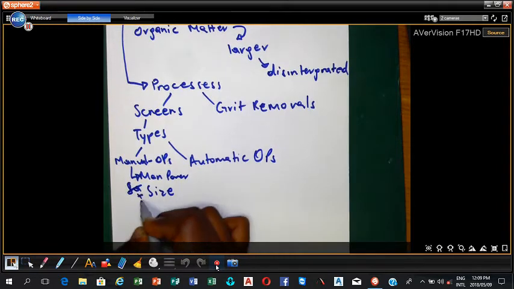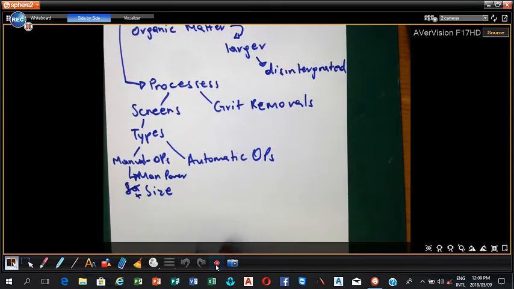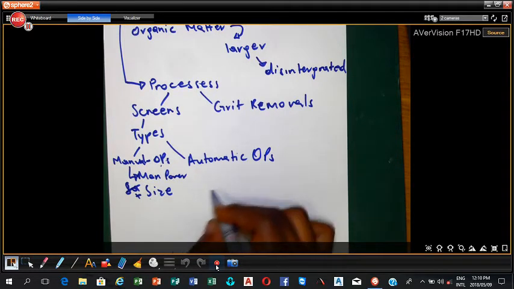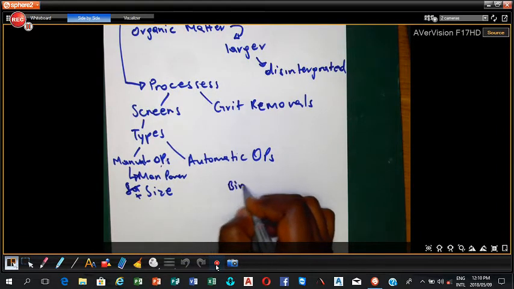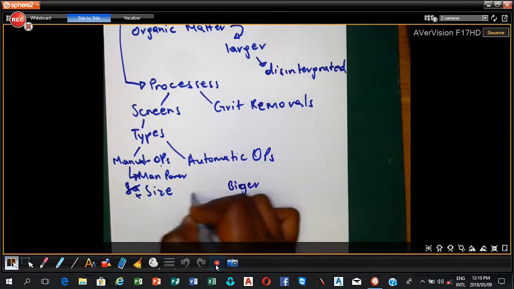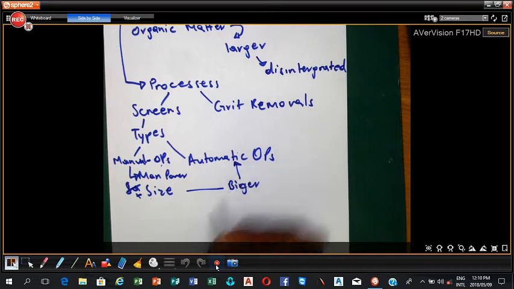The size of the plant matters because of the amount of effluent that you have trapped in the manual operated screen, which gives you the ability to capture that. Now, if the plant is big enough, you would want to use automatic screens.